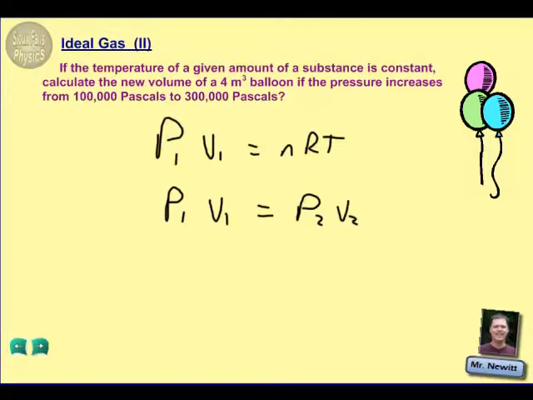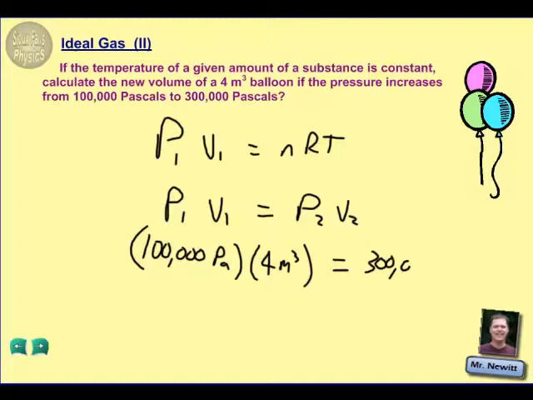So just plugging in here, our initial pressure of the balloon is 100,000 pascals of pressure. The volume of that balloon to start with is 4 cubic meters. That is going to equal the new pressure, which is 300,000, and we want to find this new volume.